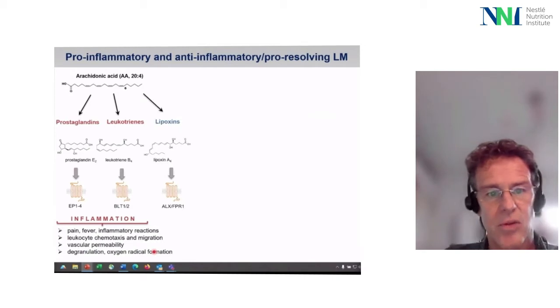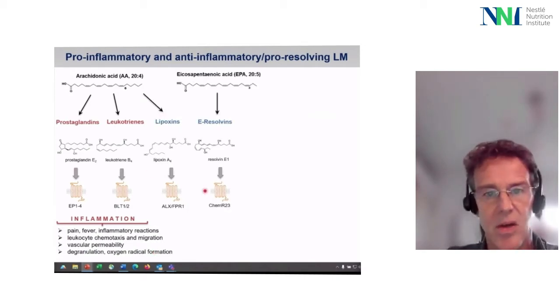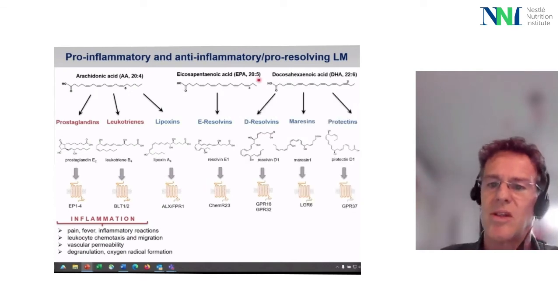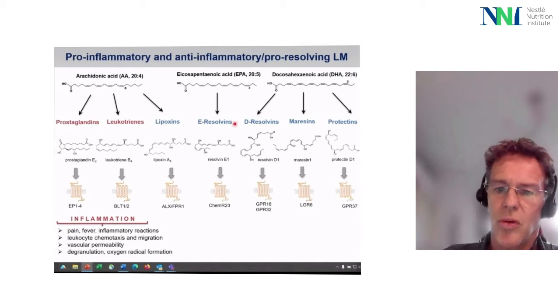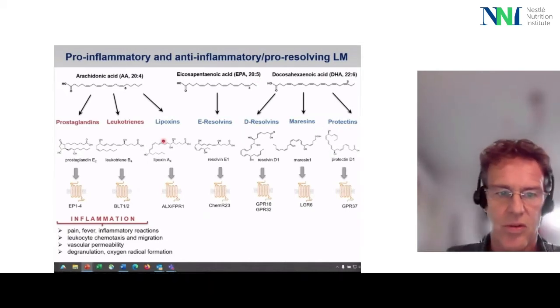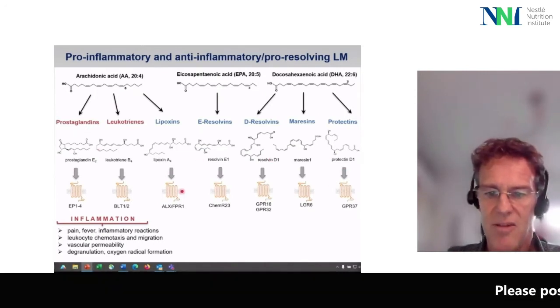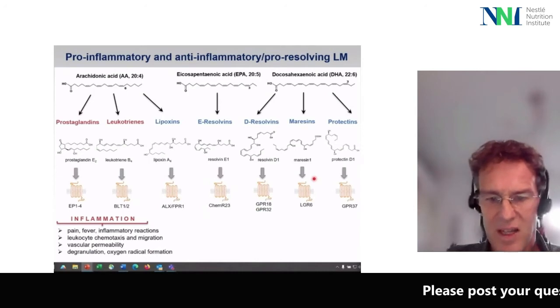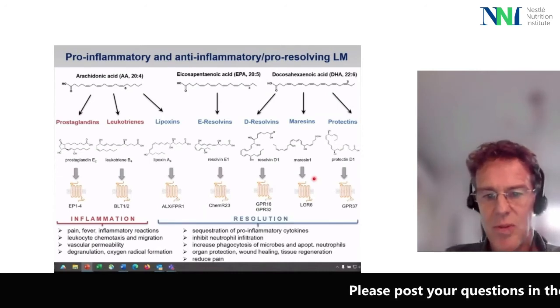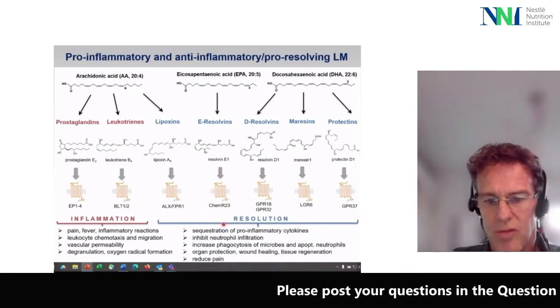However, arachidonic acid can also be converted to lipoxins, and similarly, eicosapentaenoic acid and docosahexaenoic acid can be converted to resolvins, maresins, and protectins. Again, these molecules are very similar in structure to leukotrienes and prostaglandins, but have completely different, high-affinity receptors, and via these receptors, the SPMs cause resolution of inflammation.